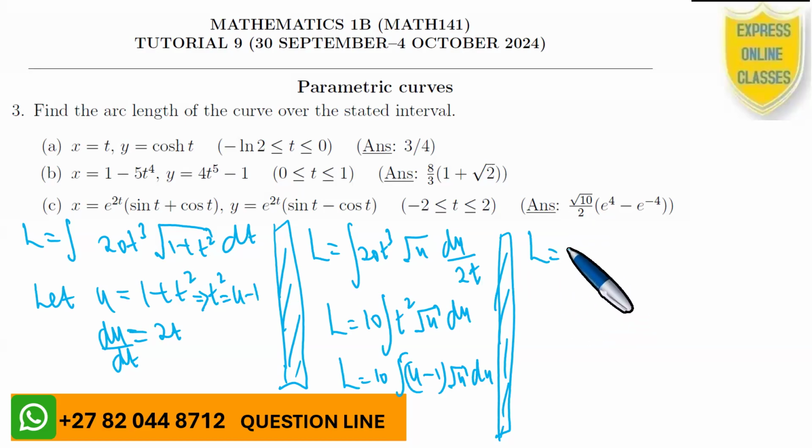So now this becomes 10 times the integral of u to the power 3 over 2, minus u to the power 1/2, du.